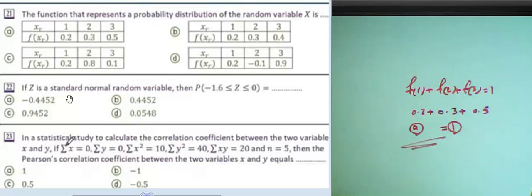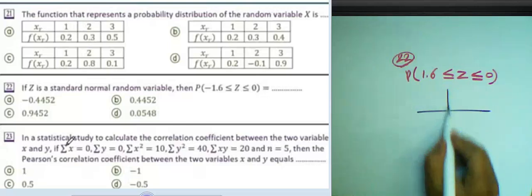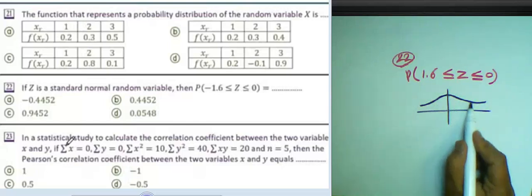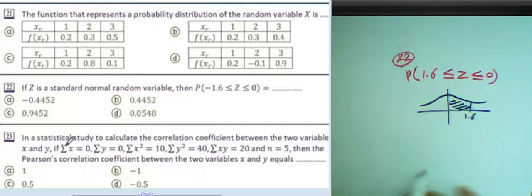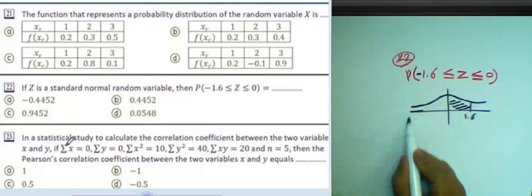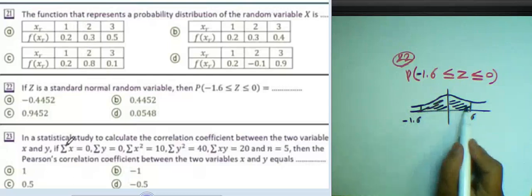Question 22. If Z is a standard normal random variable, then find the probability of Z greater than or equal to negative 1.6 and less than or equal to 0. Look at the area here. For this part we can look at the table and find the area, but he gives us negative 1.6. This area equals this area.